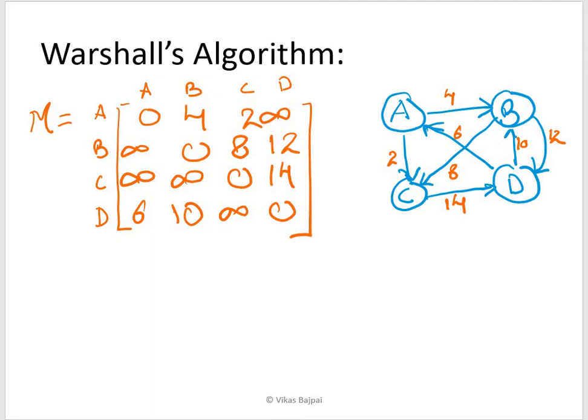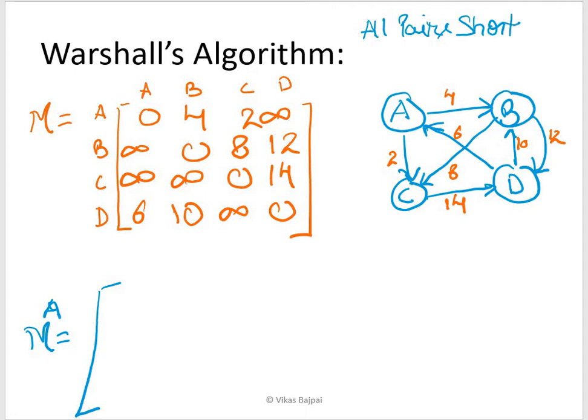Now let's have another matrix, M prime, or let's take this as M A. That would be much clearer, because we have a node A. Once again we are trying to find all the shortest paths, because the Warshall algorithm is also known as all pairs shortest path.